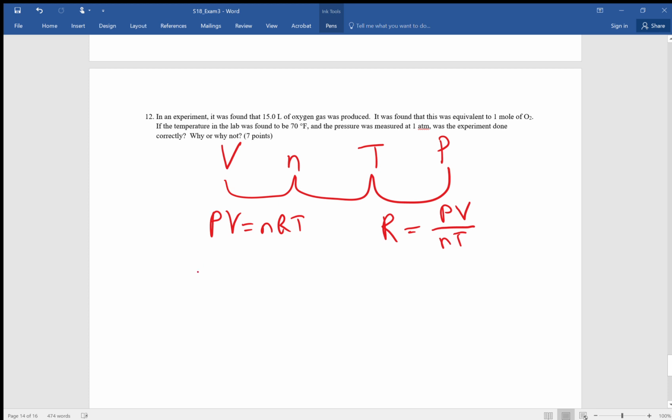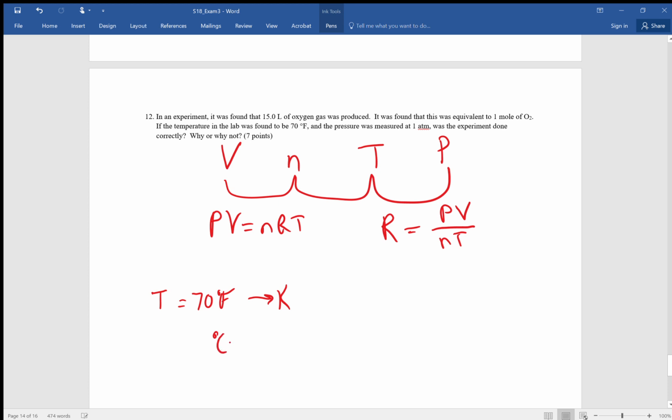Now we're going to have to convert our temperature, which is given to us as 70 degrees Fahrenheit, into Kelvin. Everything else is in the units that we need it to be in. So if we go to our front page, we could find the equation for converting Fahrenheit to Celsius.